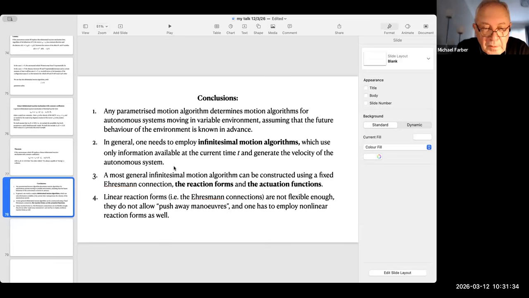The most general infinitesimal motion algorithm can be constructed using a fixed Ehresmann connection and reaction forms and actuation functions. So this is general. And then linear reaction forms are not flexible enough. They do not allow push-away maneuvers, and one has to employ nonlinear reaction forms as well. That's it. Thank you. These are the four conclusions.